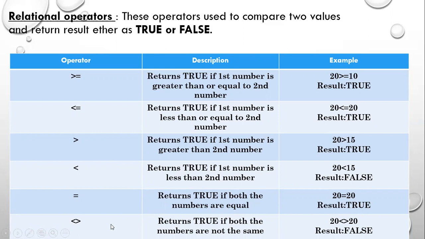Next one you see is not equal to. It returns true if both the numbers are not the same. Are 20 and 20 the same? Yes, they are. That's why the answer is false. If this was 20 and 10, this should have come up as true.